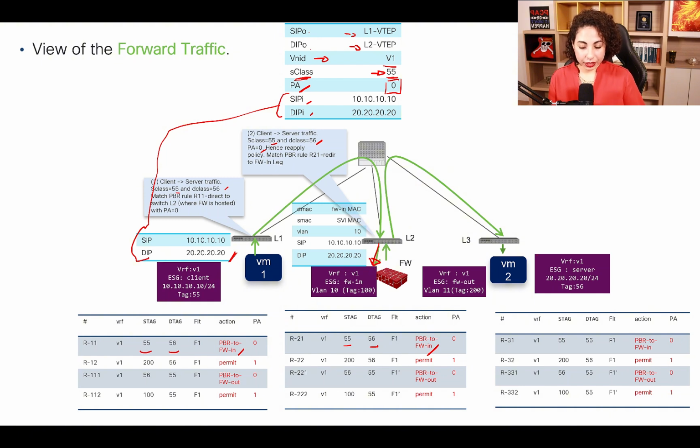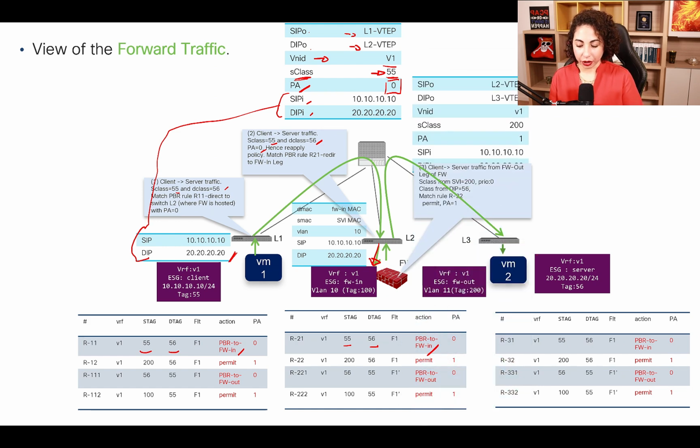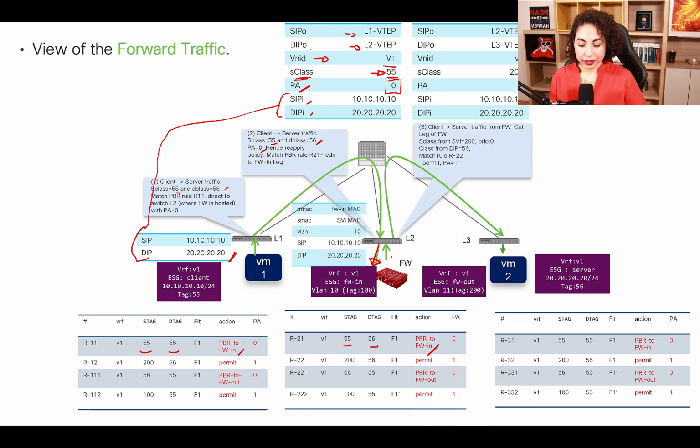The firewall will receive it. It will do the filtering. It will say, okay, that's a good flow, I will allow it. So the traffic is then sent back from the firewall to leaf2. It will arrive on the VLAN interface 11.